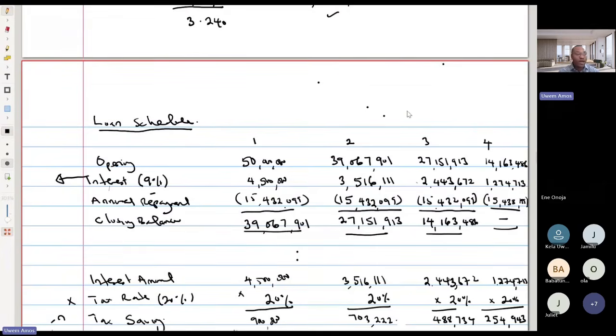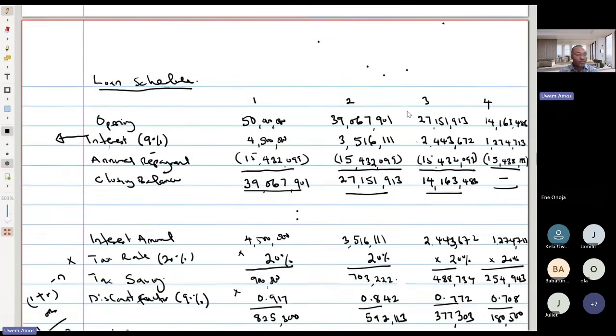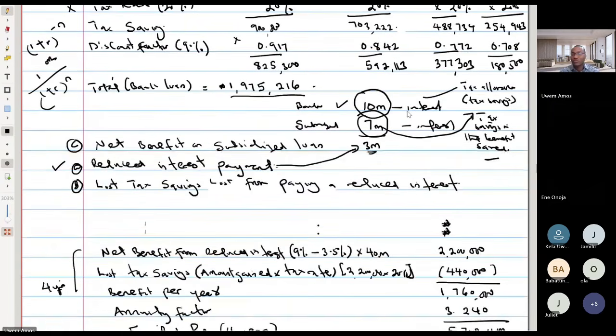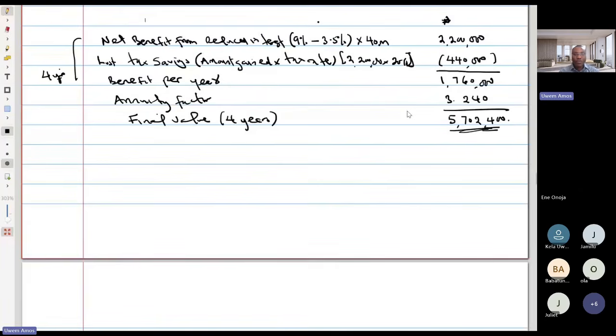Sorry, our APV now. Let's summarize our APV quickly. From our previous class, we calculated our base case NPV as 4.6, which you have from our previous class.